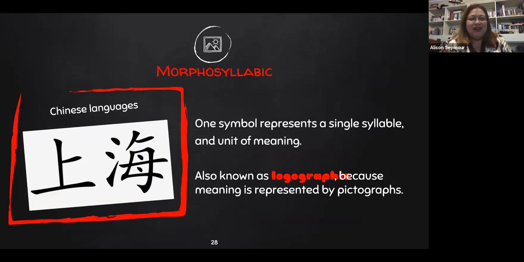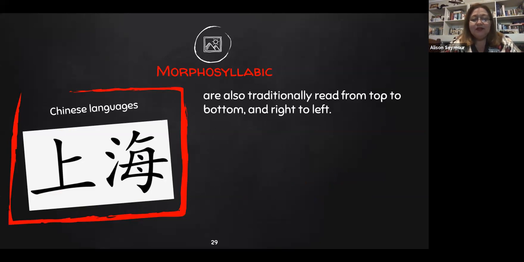When I uploaded it today, of course, all of the alphabets changed, which is kind of really ironic. So those are also known as logographs, where logo is, I believe, Greek for word, and graph is of course referring to the written representation. And as with Japanese, they're traditionally read from top to bottom and left to right.